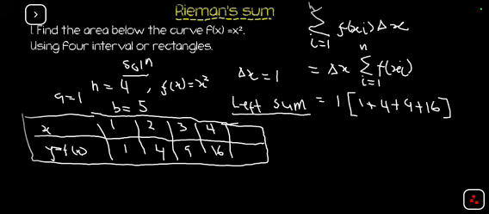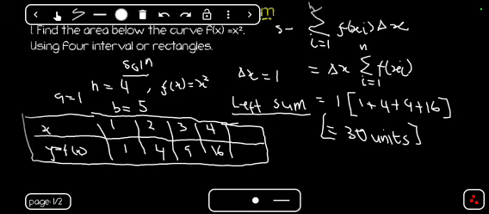Let me take my calculator and do this quickly. 1 plus 4 plus 9 plus 16 gives us 30, and 30 times 1 is 30. So 30 units. This is the lower approximation, the Riemann sum. Let me denote it by SL, the Riemann left hand sum.